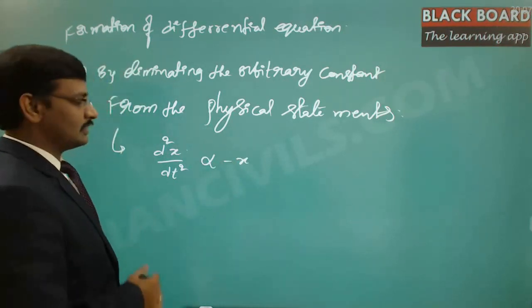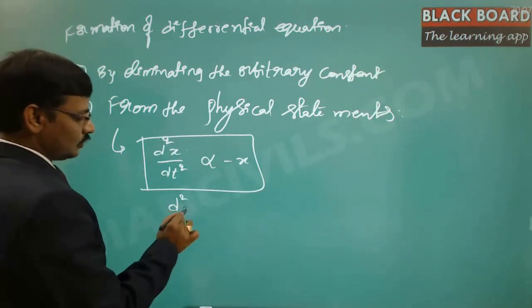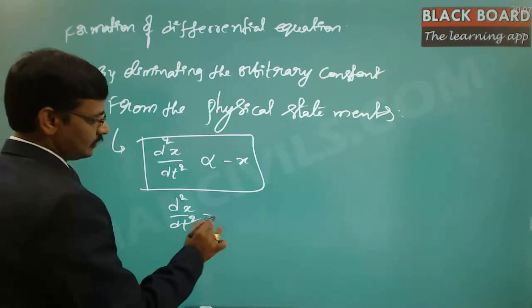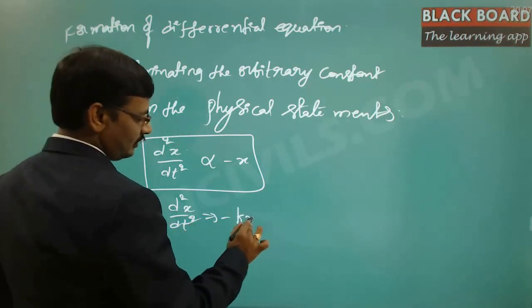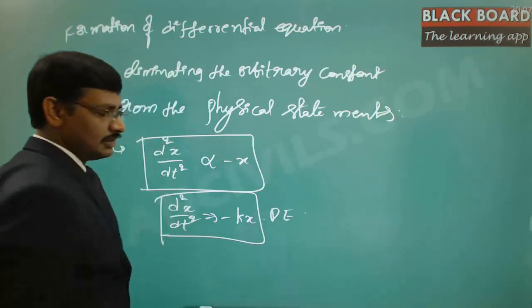So this is the physical statement. From this we can make out d square x by dt square is equal to minus k times x, and this is nothing but the differential equation.